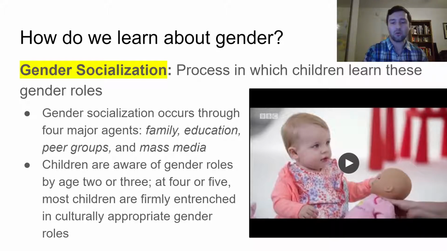So how we learn what it means to be a man, how we learn what it means to be a woman as we go through life. Again, this is something that's socialized, it's taught to us by society. Now, there are four major agents of socialization, four major things that teach us most of the stuff about society. The four big ones are family, education, peer groups, and mass media.